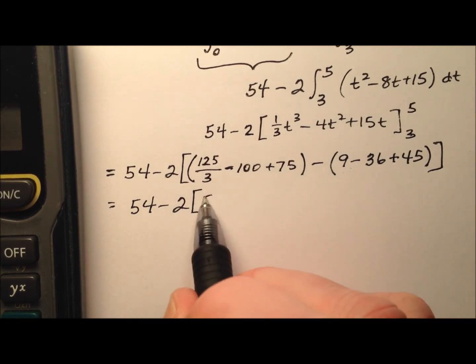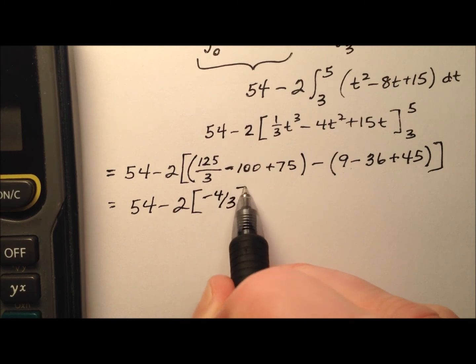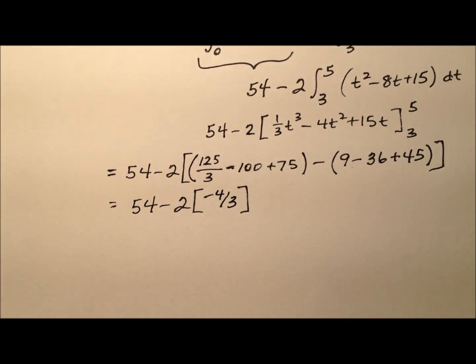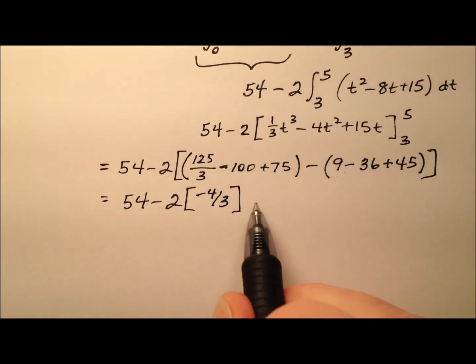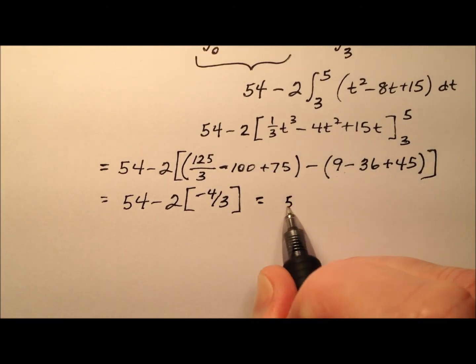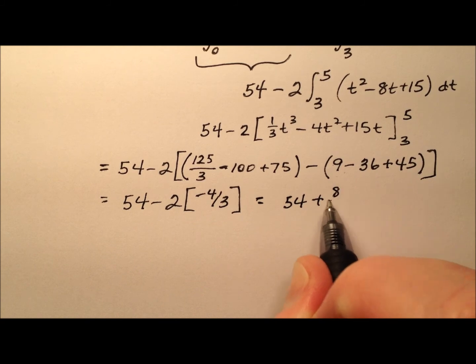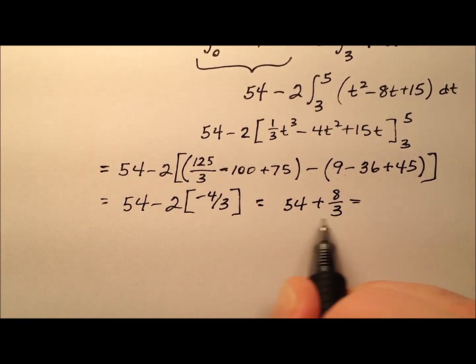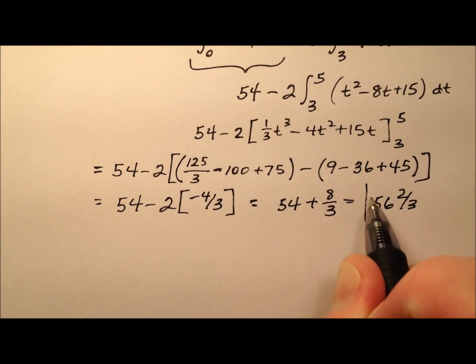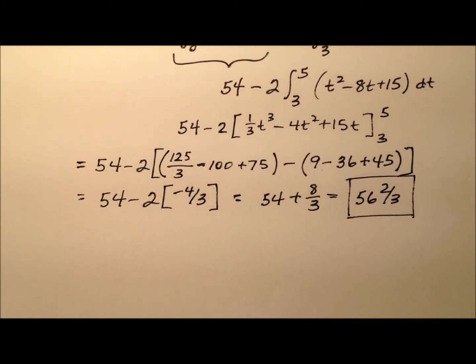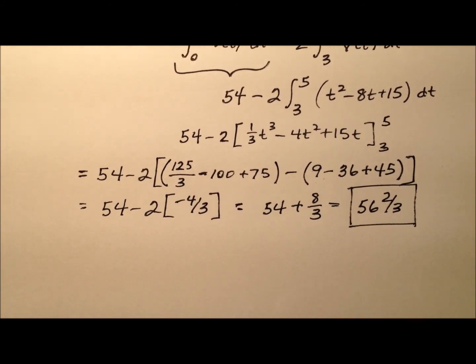And so I get negative 4 thirds. I was expecting a negative, because we knew it was minus down here. So it's going to be 54 plus 8 thirds, or you could say 56 and 2 thirds is our total distance traveled.